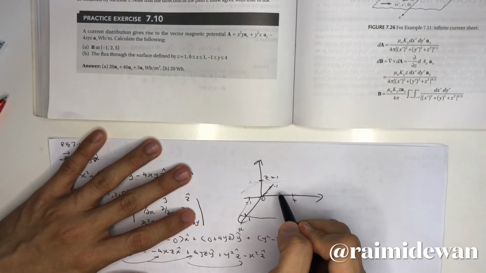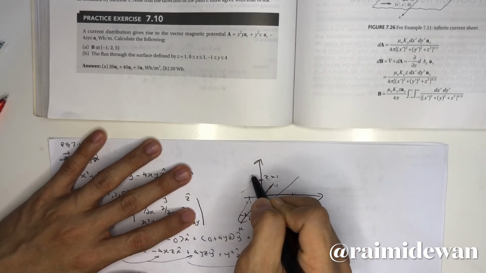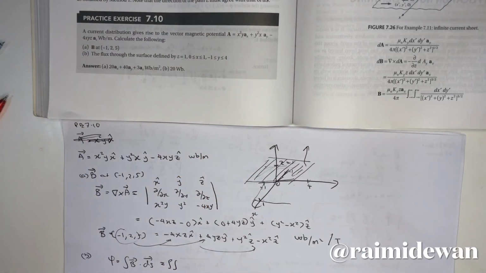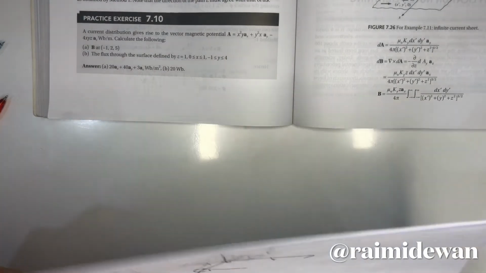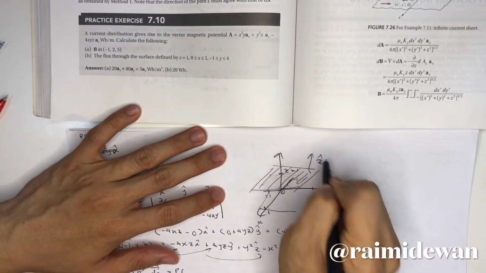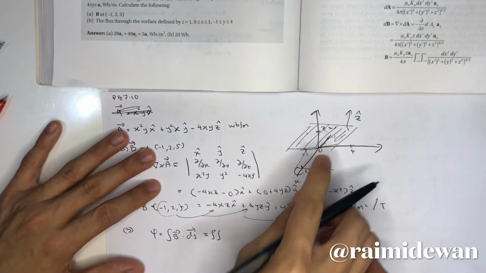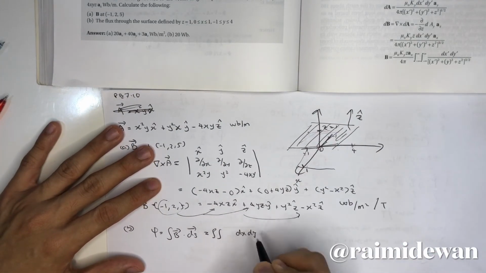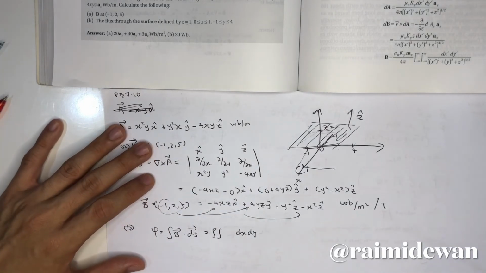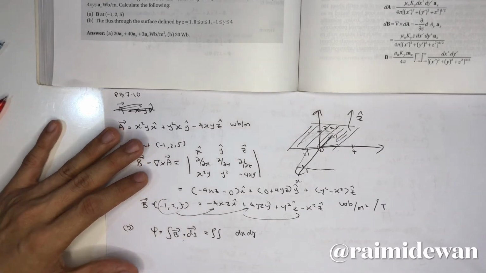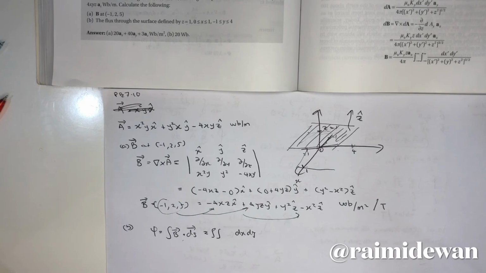How I'm going to draw it, maybe like this. I hope my drawing is good. This is the direction normal to the surface, which is in the z direction. So if it's in the z direction, we will have dx and dy as our surface, right? And of course, for your B, because this is the dot product, we only need to consider those having the same direction.